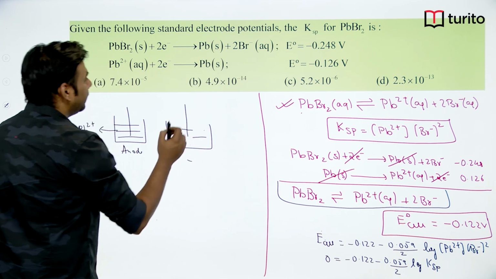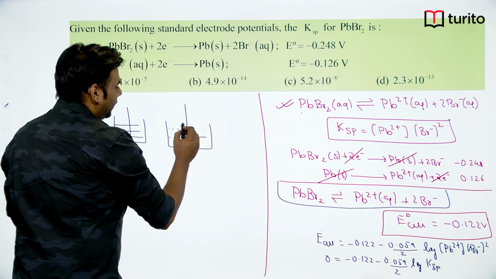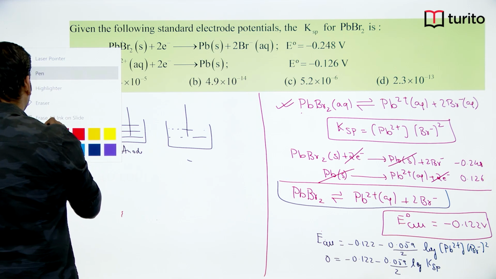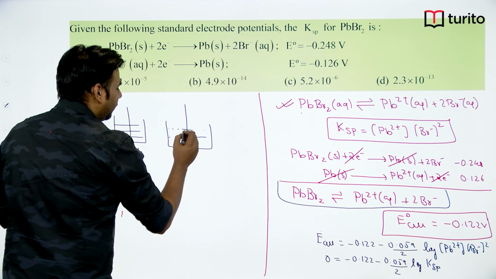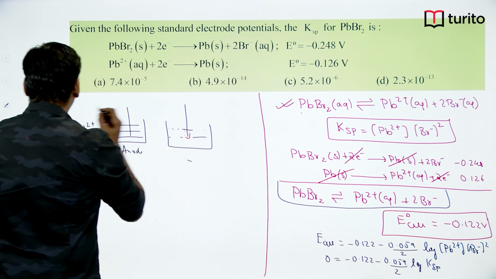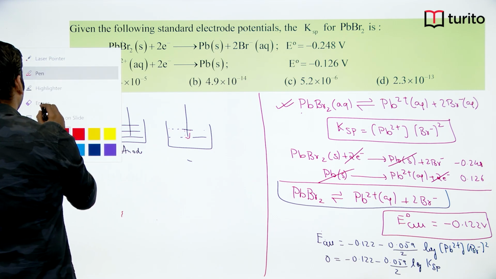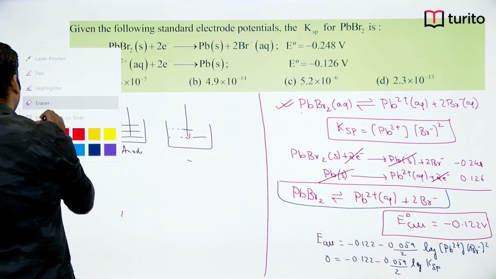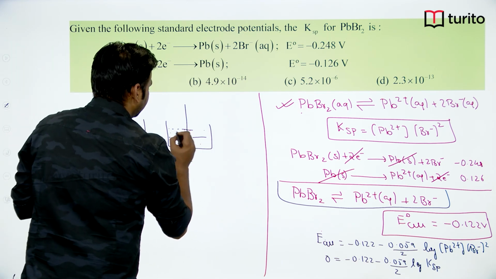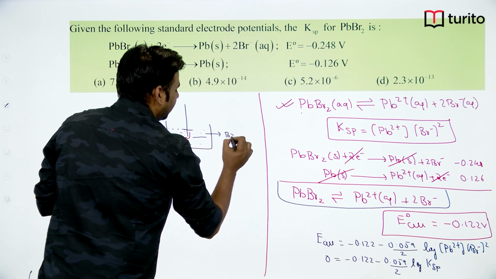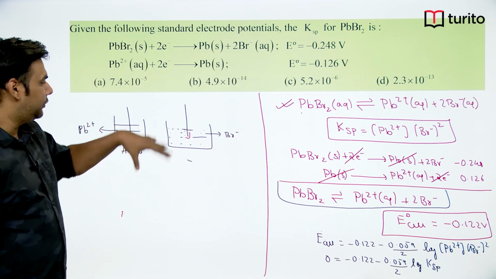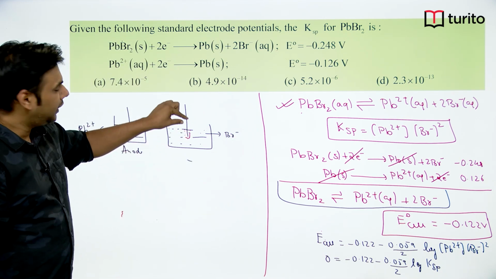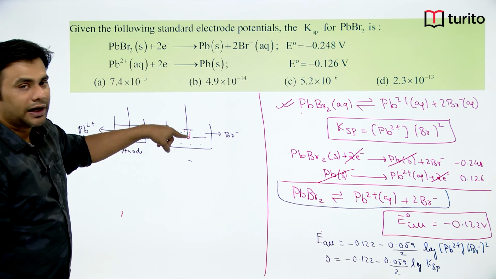This is Pb, and we know that some amount of PbBr2 is present. The lead is dipped in a solution containing Br-, and a paste of PbBr2 is applied at the metal.